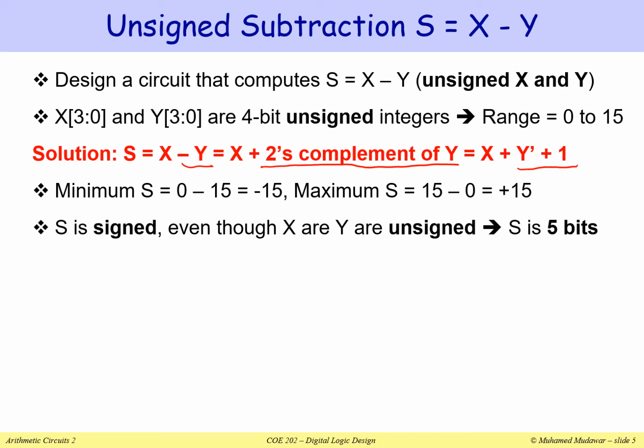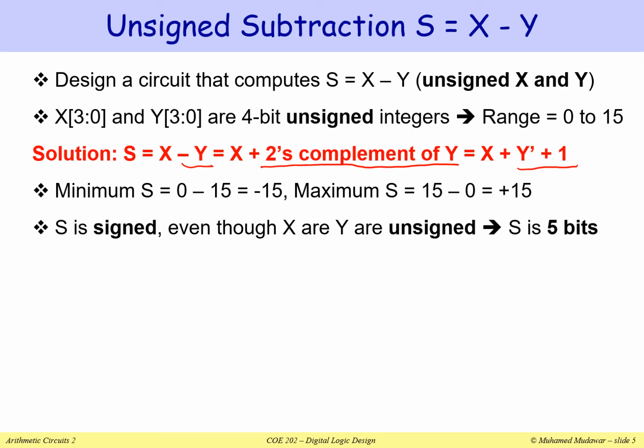Now, what is the minimum value of s and what's the maximum? The minimum is when x is equal to 0 and y is equal to 15. So the minimum s is equal to negative 15, whereas the maximum s is equal to plus 15. Now, even though x and y are unsigned, when you subtract, you can get a negative sum.